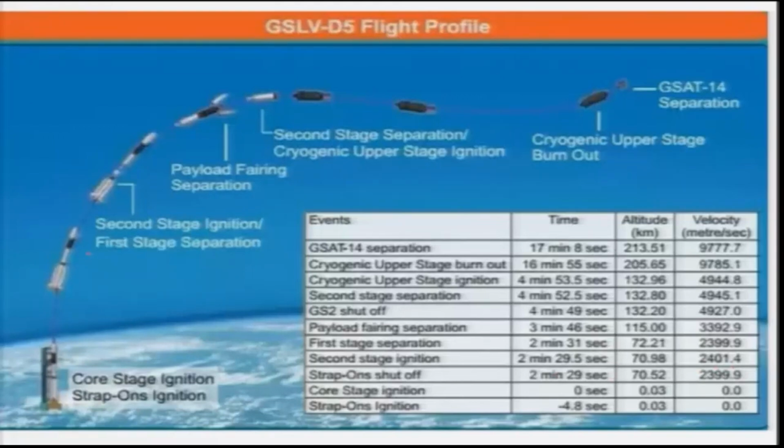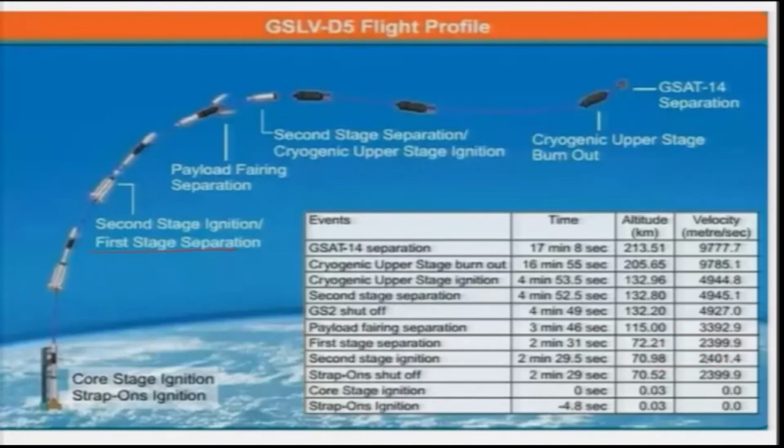Then the first stage separation will occur at around 2 minutes 31 seconds, and the second stage ignition will start a little before that, at 2 minutes 29.5 seconds, at an altitude of 70.98 kilometers, gaining a velocity of 2401.